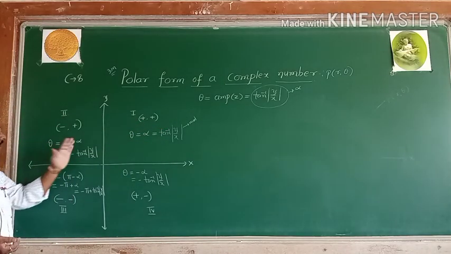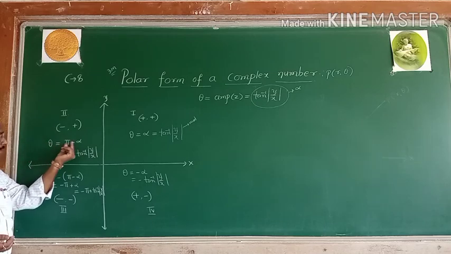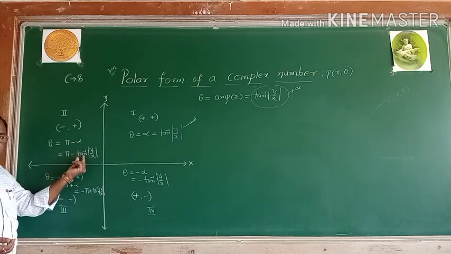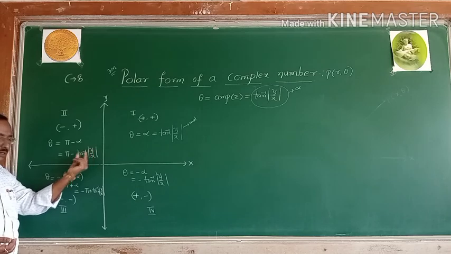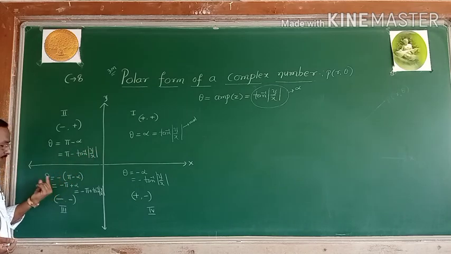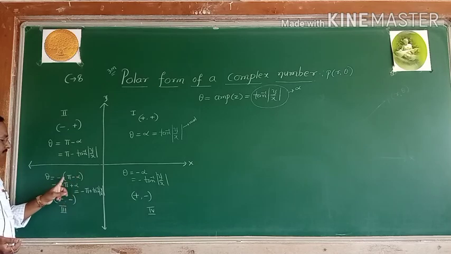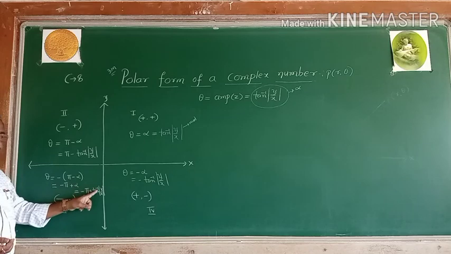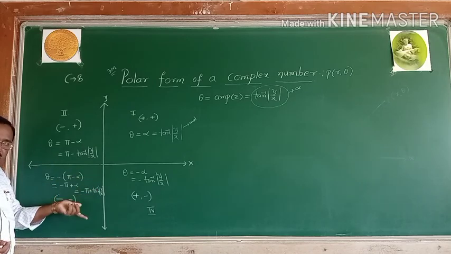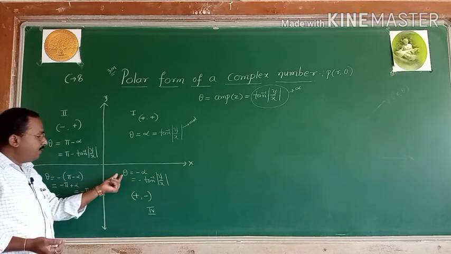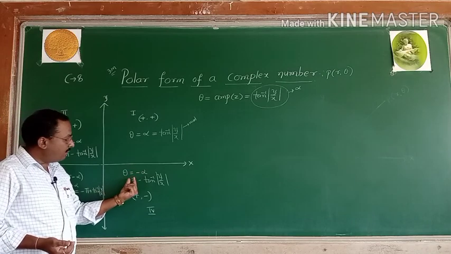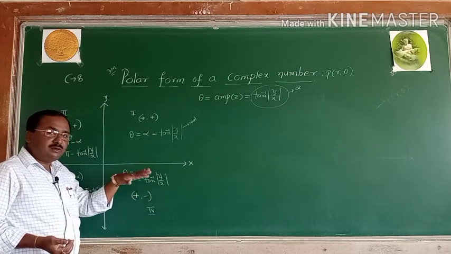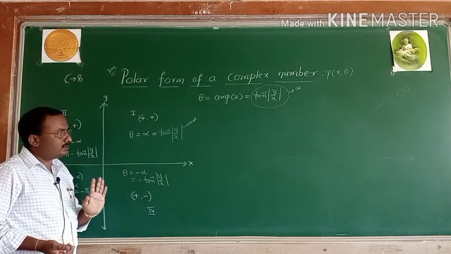Second quadrant, theta is pi minus alpha, pi minus tan inverse y by x and its modulus. Third quadrant, theta is minus of pi minus alpha, minus pi plus alpha, meaning tan inverse y by x and its modulus. Fourth quadrant, theta is equal to minus alpha, minus tan inverse y by x and its modulus.